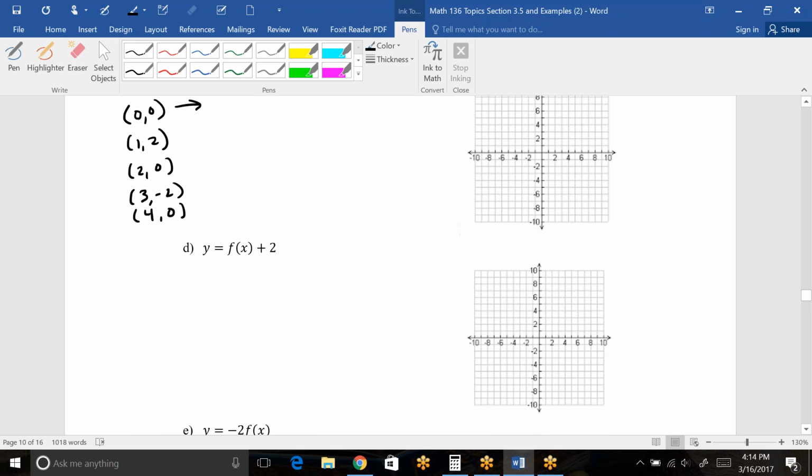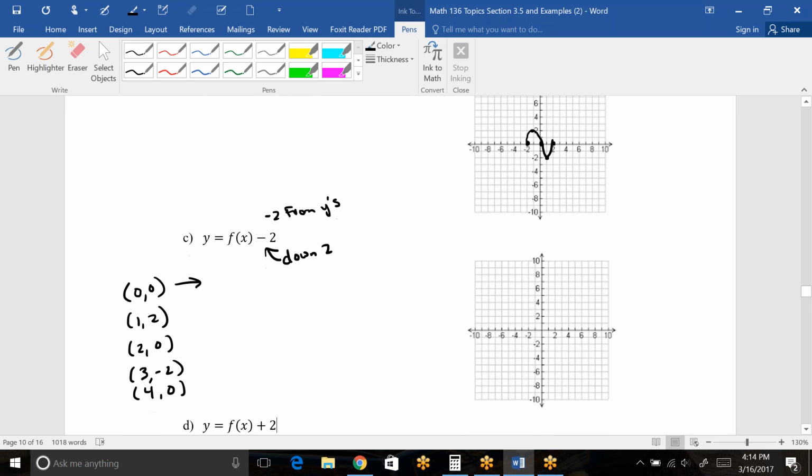notice this time the y's are going to be the thing that changes, so the x's are staying the same. So I'm going to just copy all of my x's over: 0, 1, 2, 3, and 4. But we're going down on all the y's, so that would be negative 2, and this one would not have been negative 4 up here. 2 minus 2 is 0, sorry.